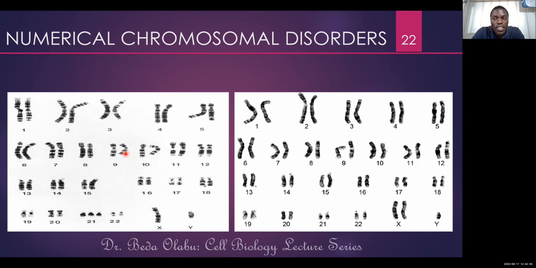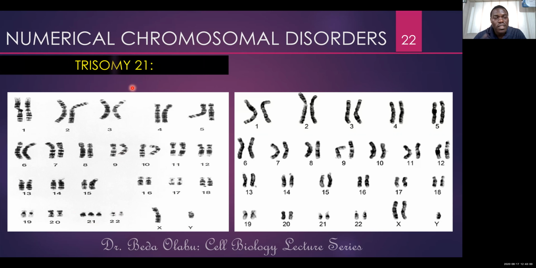Don't confuse trisomy with triploidy. When someone is trisomic, we want to know which chromosomal pair is actually trisomic. So in the first one, we can see that it's affecting chromosome number 21. So we call this trisomy 21.